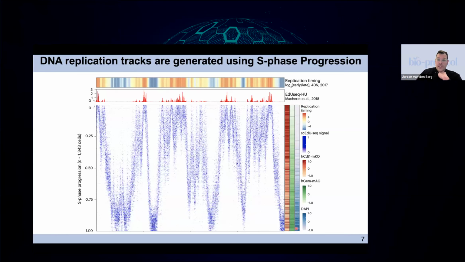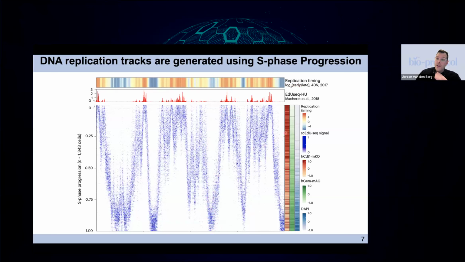To show that this is now something that makes sense, there was data that was generated both by the ENCODE consortium, which is the top bar over here, which signifies replication timing, which is what I also discussed before, this early versus late DNA replication. And what you see is that indeed these red areas over here correlate nicely to regions that are early in DNA replication, and these blue stretches correlate very well to regions that are late in replication.